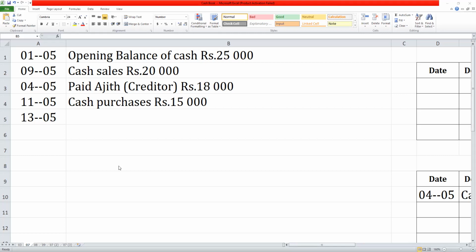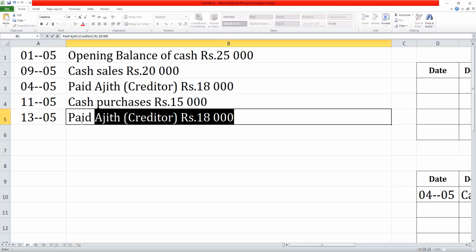What is the transaction? Yes, very good, Puta. It is paid water bill, rupees 4,000. This is how you describe the transaction.